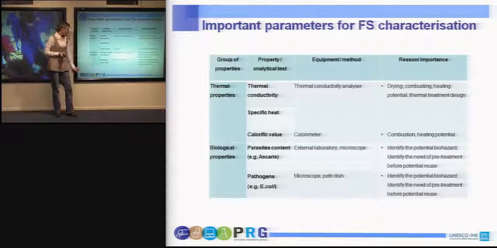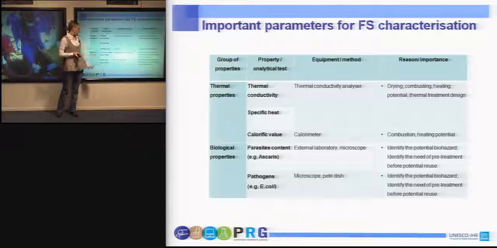Also, the last group is called biological properties, which incorporates parasites content and pathogen content. They are very important, coming back to the aim at the fecal sludge treatment, providing safe public and environmental health.